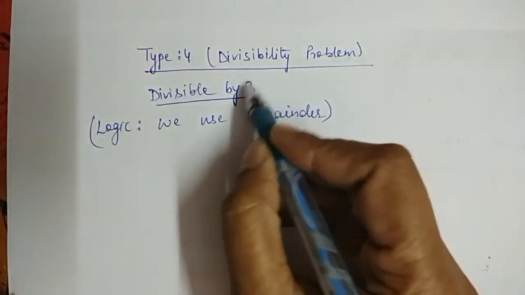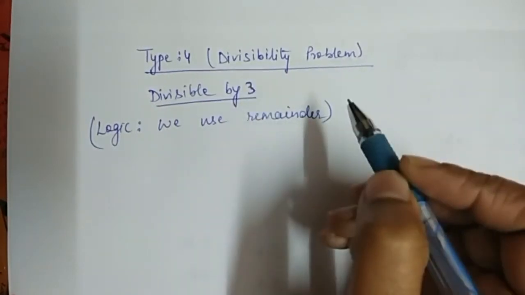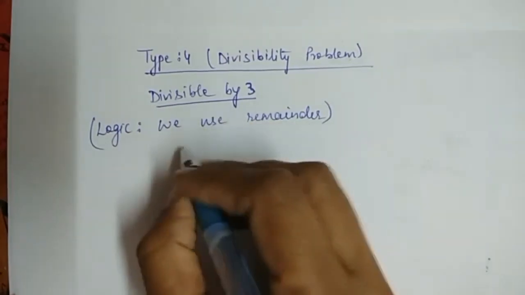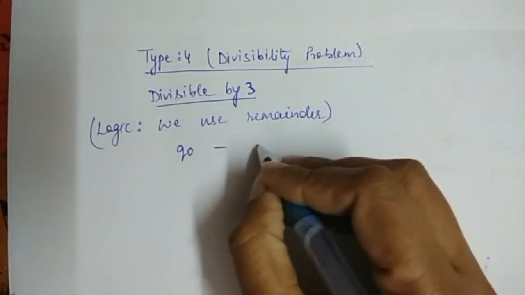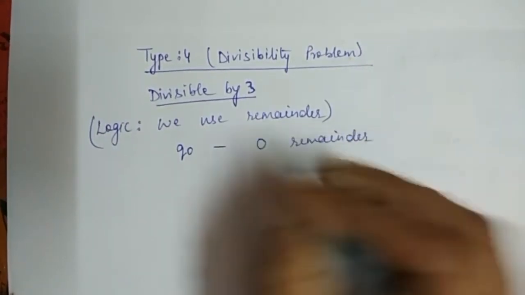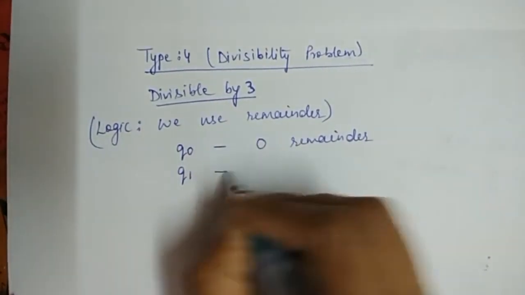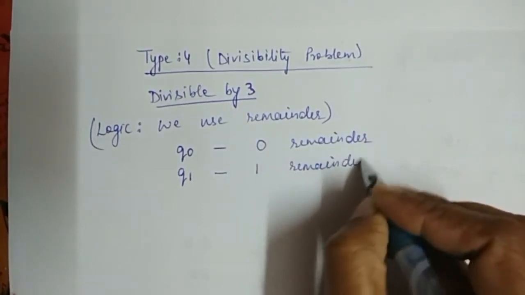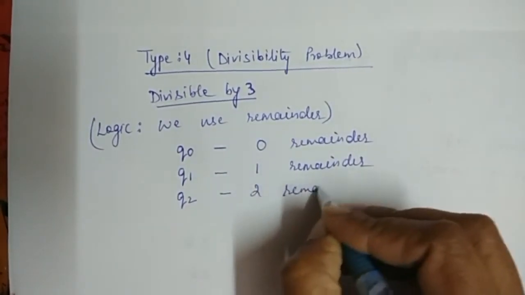if a problem is that I have to construct a DFA for all strings which are divisible by 3, then we take Q0 as the initial state which shows 0 remainder. Okay, then assume the next state Q1 which shows 1 remainder, and the Q2 state which shows 2 remainder.